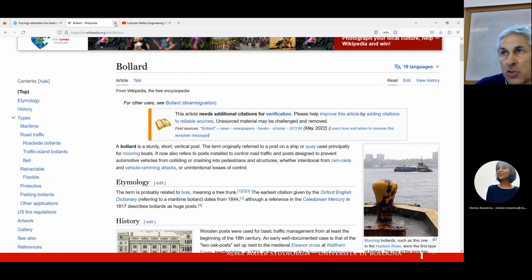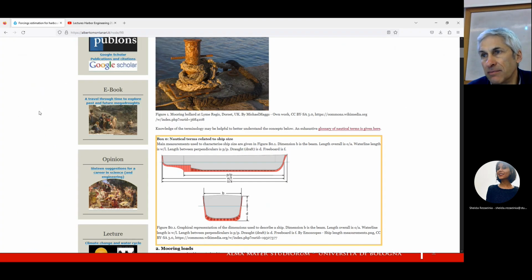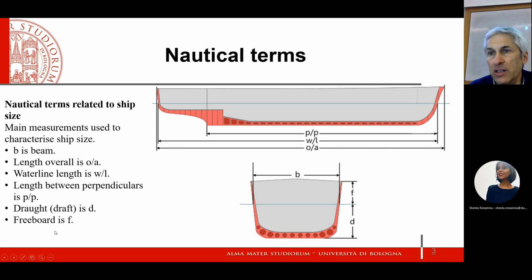And so let me go back to the PowerPoint to look at this picture here, and please learn these definitions. This may be asked at the exam, because they are very relevant for the design of harbors and berths.